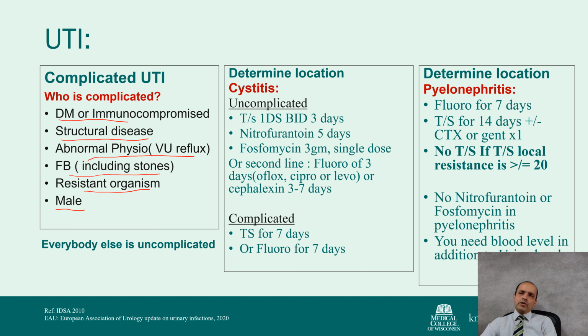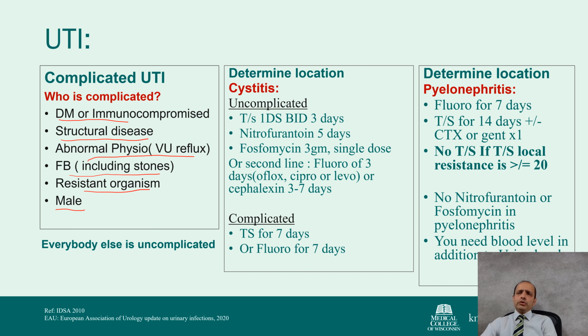And remember, don't use Bactrim if local resistance rate is more than 20%. So that's the reason why you have to give ceftriaxone or gentamicin times 1 when somebody presents with pyelonephritis until you have your culture report back.